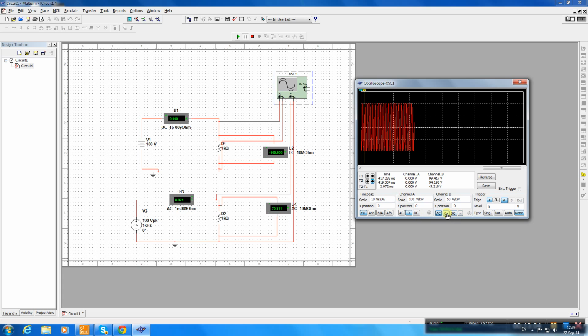Now let's enable channel A and go. As you see now, let's pause it. Channel A amplitude is 100 volts and it's constant. That's actually the easiest case, but by that we can use it.